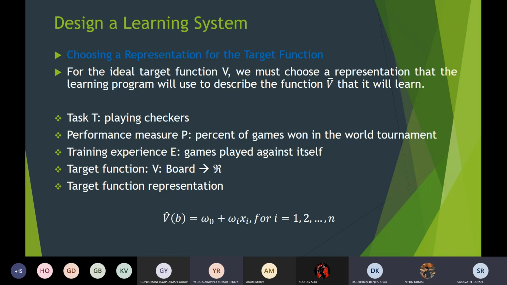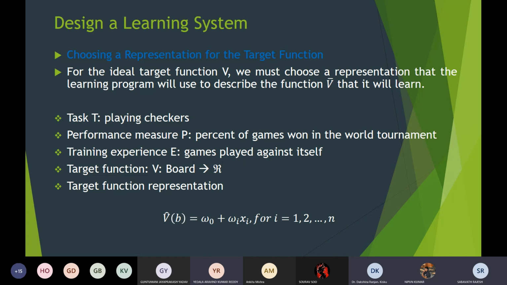Now, not only do we choose the target function, we also need to choose a representation of the target function. We can choose many target functions in many different ways, but what would be most suitable for a learning system, that we need to determine. This is called the representation of the target function.